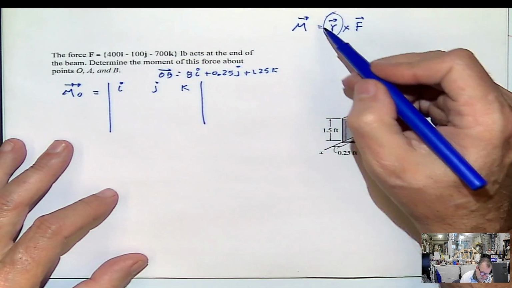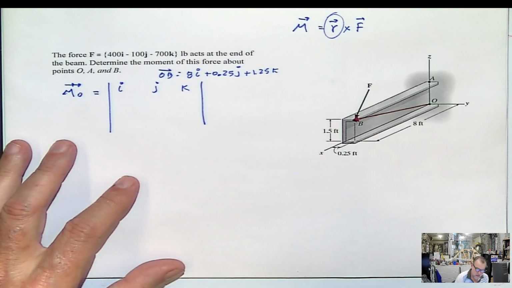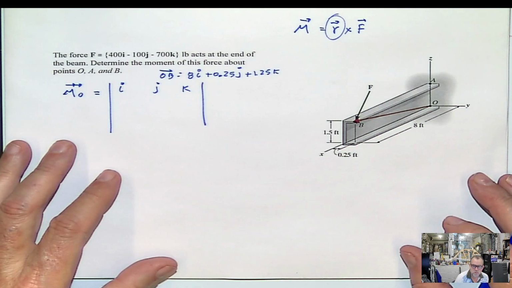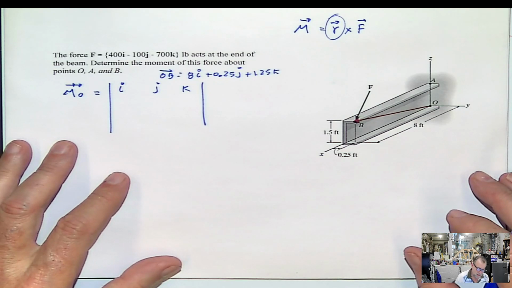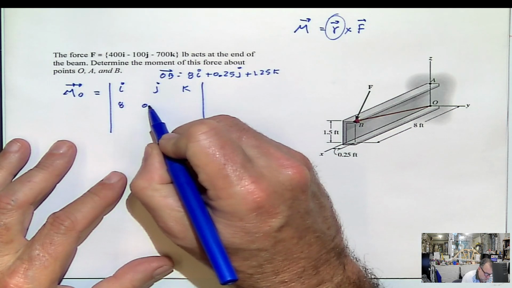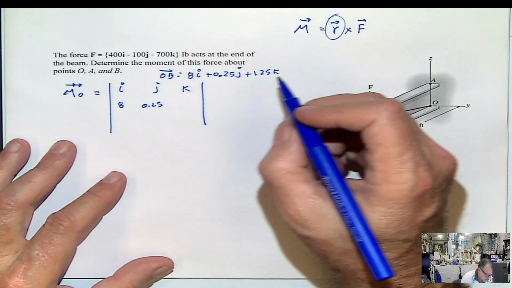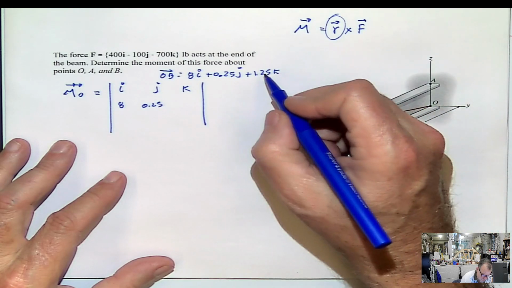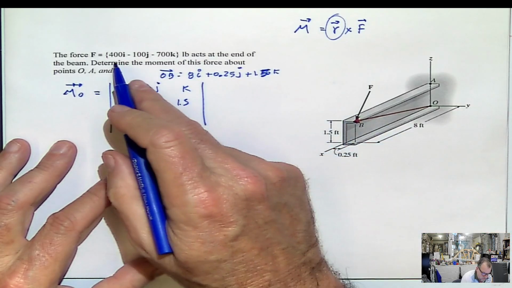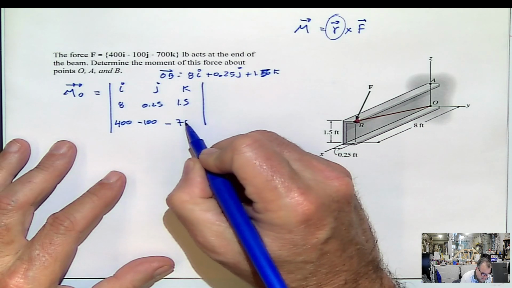First goes the R. You have no idea how many errors I have to see in the student's exam, because they put F cross R. It's R cross F. So first you put this one, 8, 0.25, and 1.5, I'm sorry. 1.5. And then you put the value of the force, 400, negative 100, negative 700.